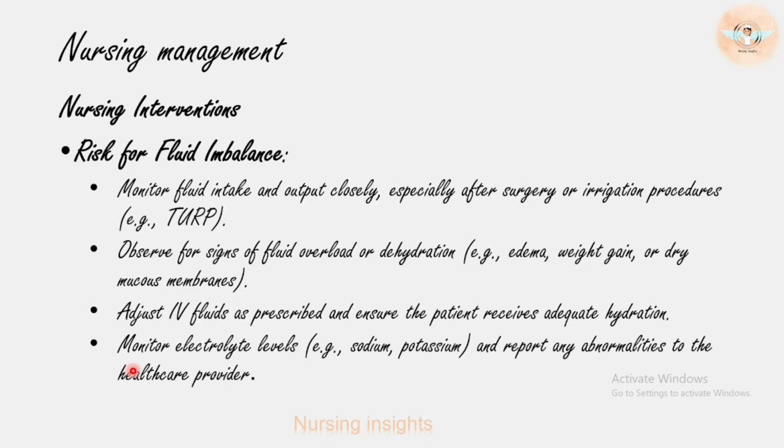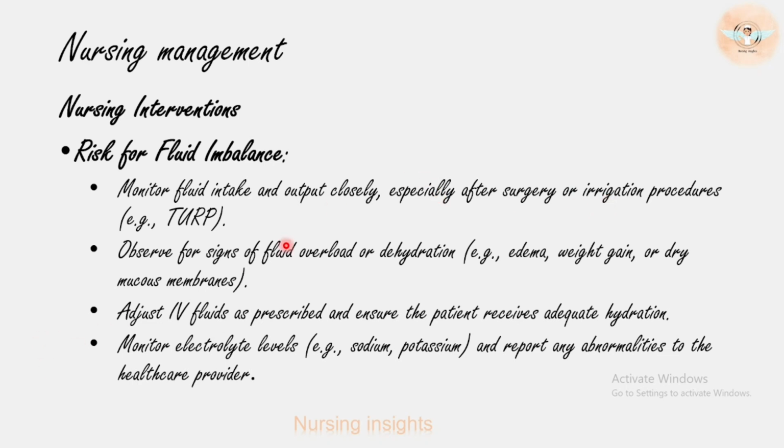So the next diagnosis will be risk for fluid imbalance. Fluid imbalance is more common postoperatively, so there will be more chances of it during the post-operative period. We monitor intake and output closely, especially after the surgery and during irrigation procedures.